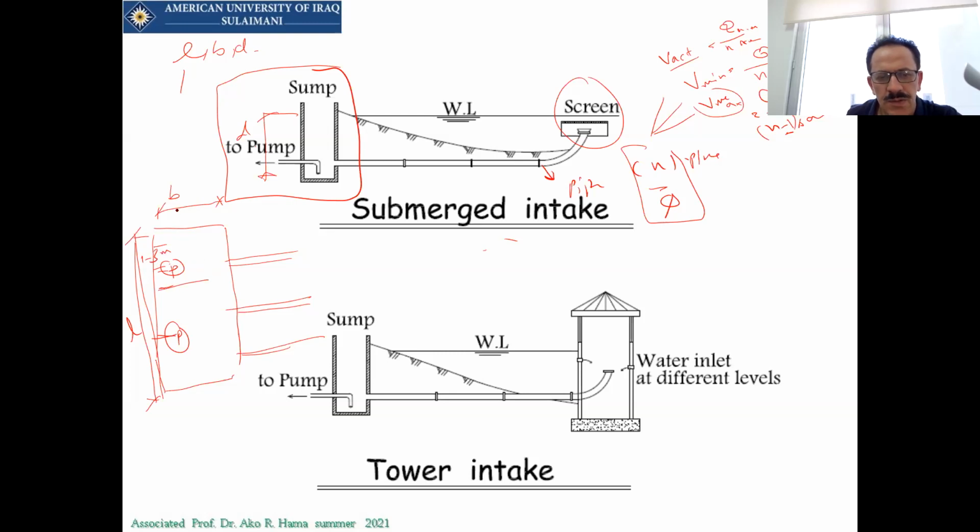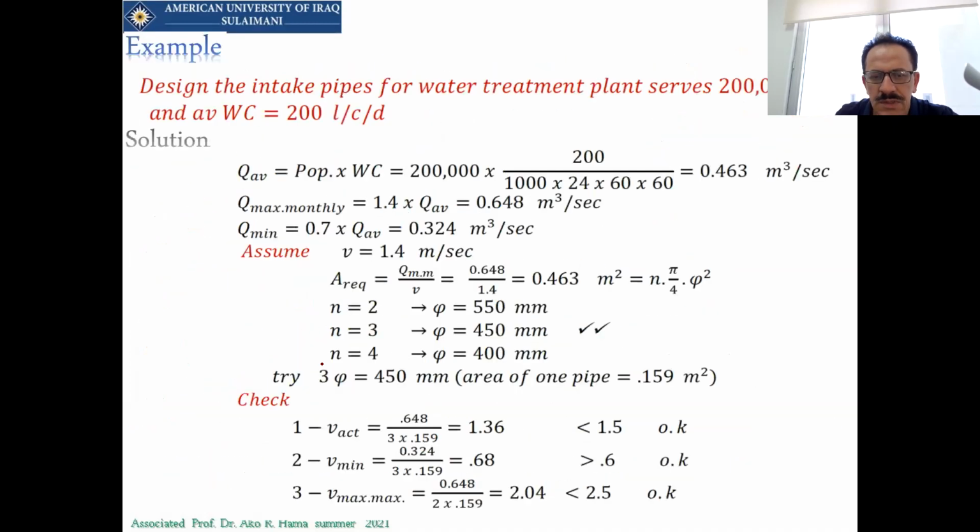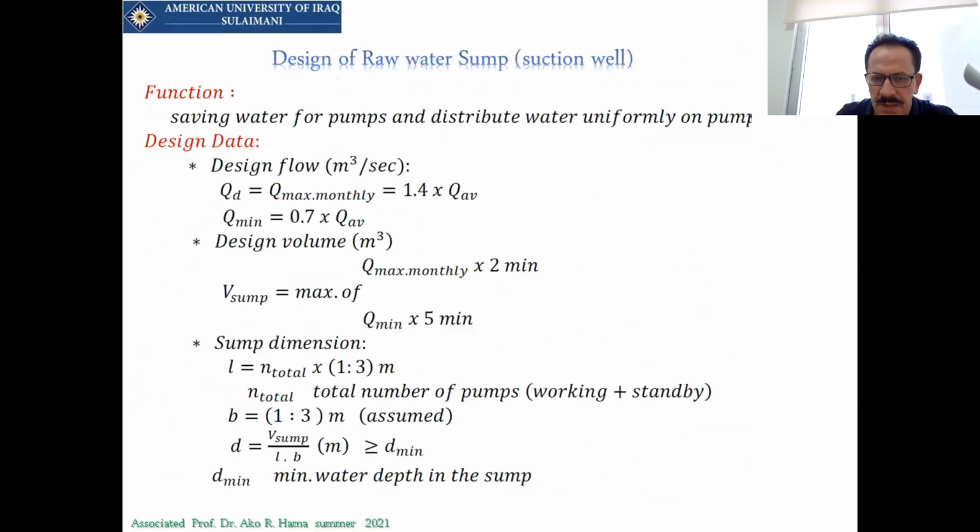So this is the length, 1 to 3 meters. That means the length will be affected by the number of pumps. The more pumps you have, the more L will increase. This is what the dimensions say.